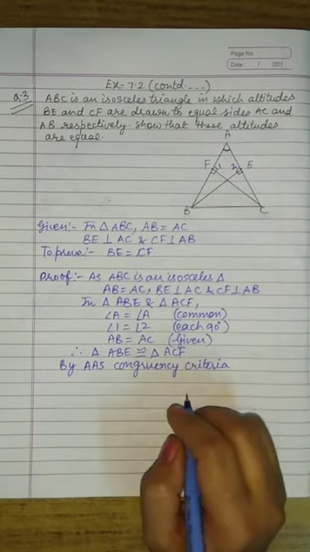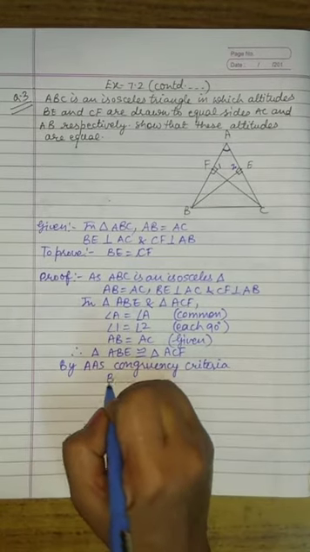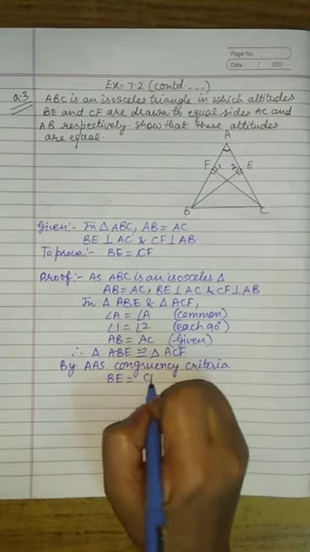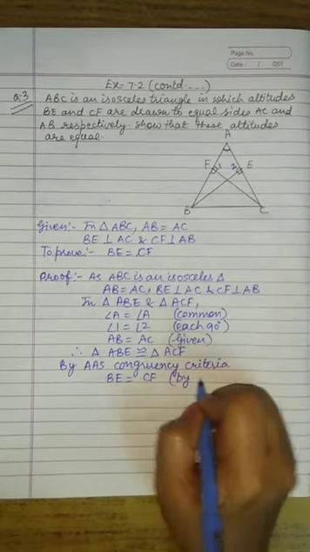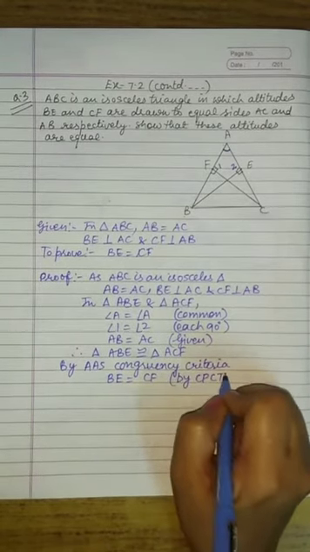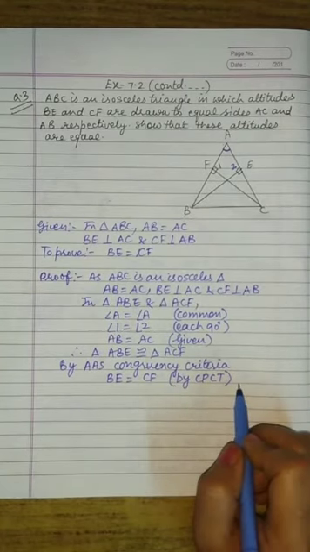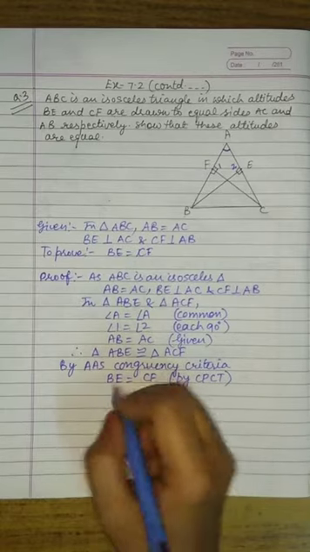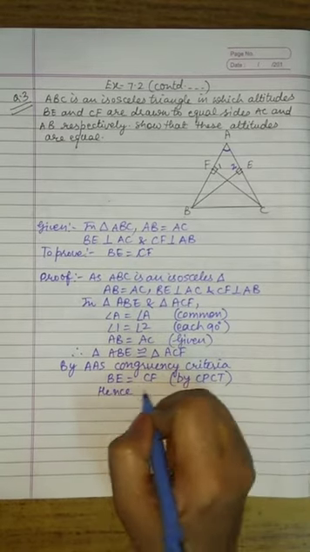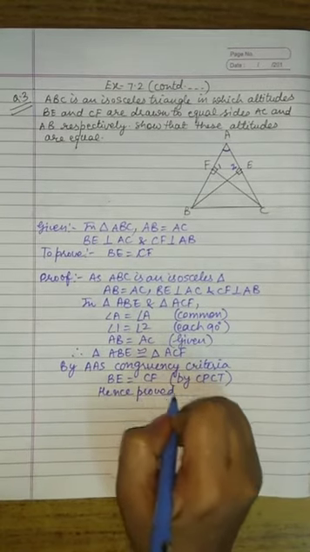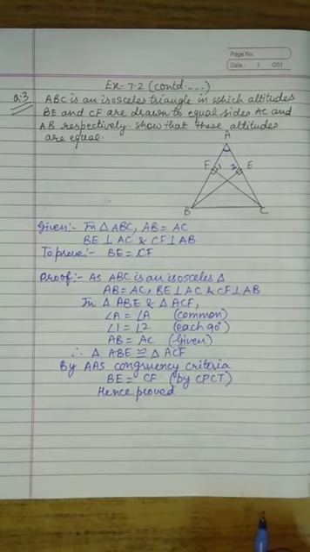So if triangles are congruent, you can say BE is equal to CF by CPCT, corresponding parts of congruent triangles. So this we had to prove. Hence proved. Hence we have proved that altitudes are equal.